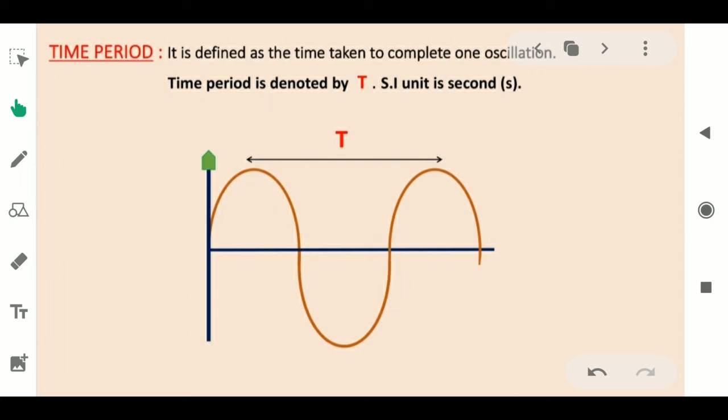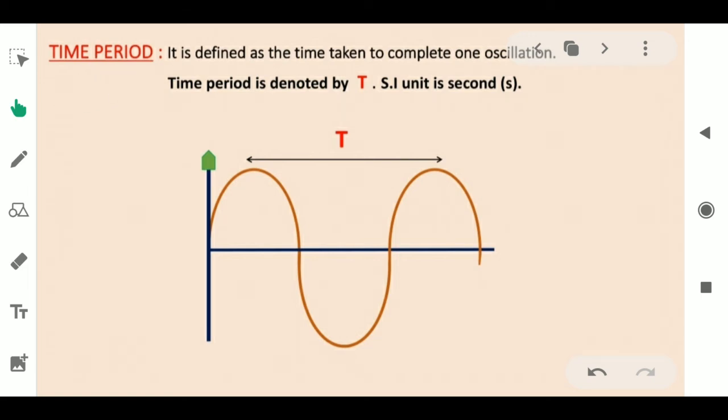So you can take from this position to this position as the time period, or you can take these two peaks. Both are correct. This is what we call the time period of the oscillation. So time period is denoted by capital letter T and the SI unit is second. Very simple, second. So this is about the property time period.